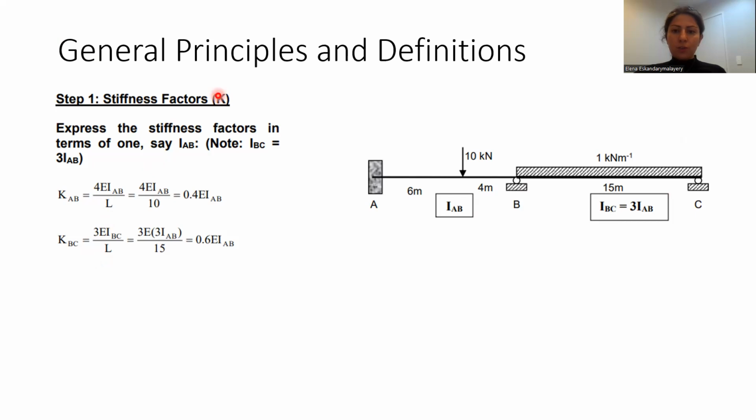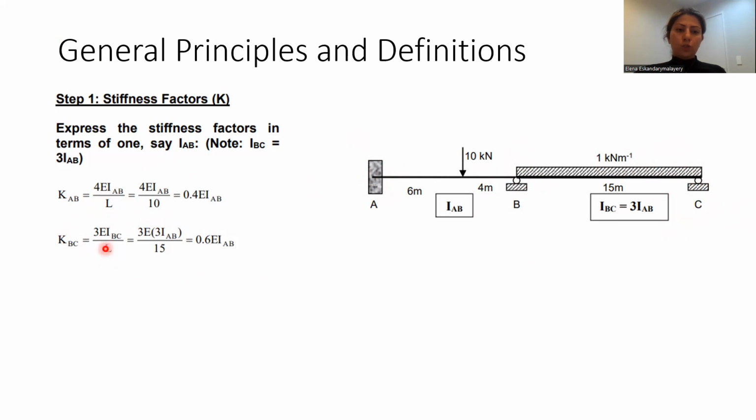As you can see, if you stand at B and look at A, it would be your far end and is fixed. So you need to use 4EI AB over L. And for KBC, you stand at B and look at C, and C is your far end and is a roller.